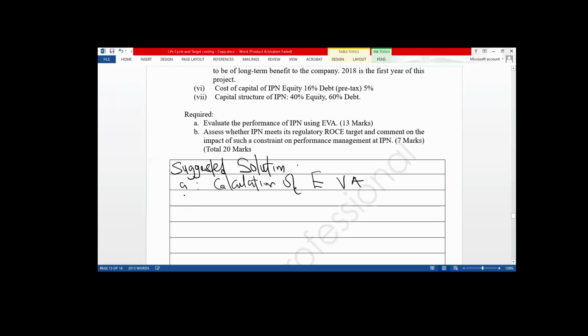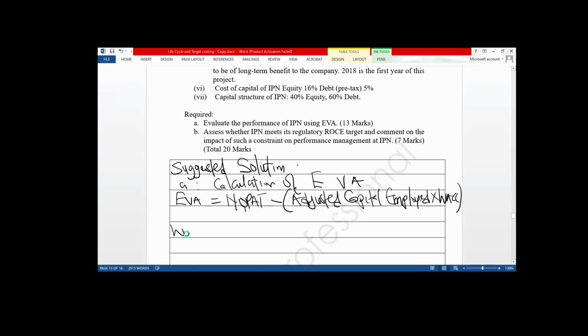I will state the formula. Economic value added is calculated as NOPAT minus bracket adjusted capital employed multiplied by my work.